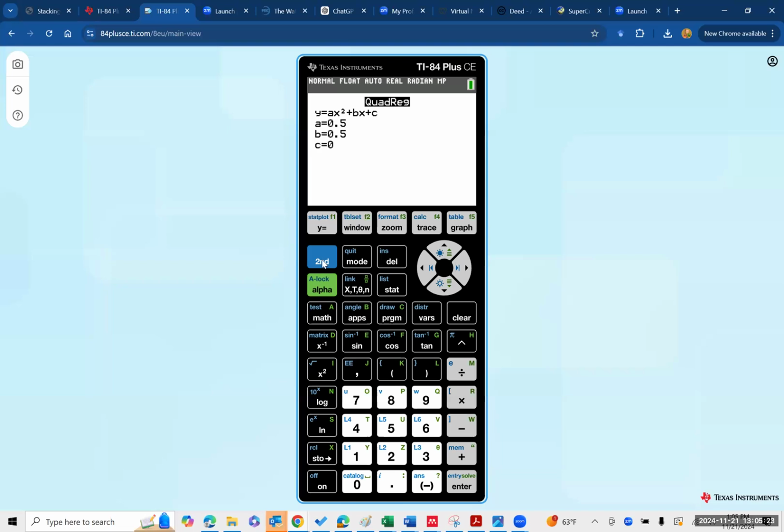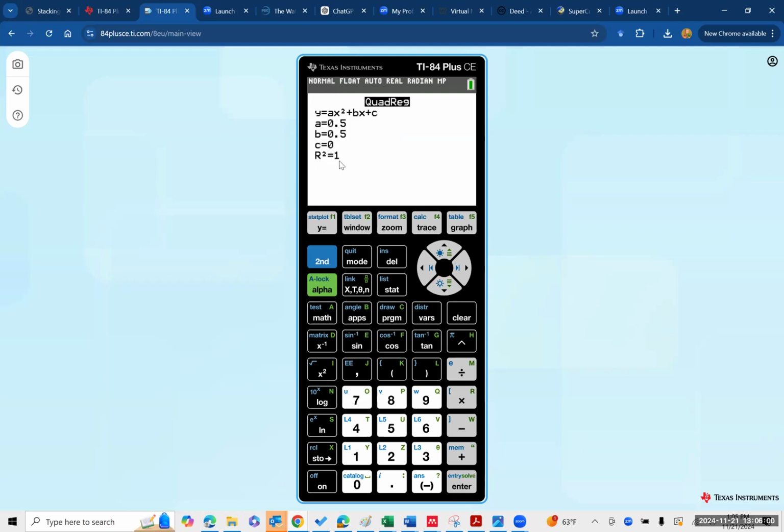What we want to do is turn the diagnostics on, and I'm going to look for that here. We're going to turn the diagnostics on, and then we'll go ahead and calculate the quadratic regression again and see if it gives us more information. I'm just going to compute it.